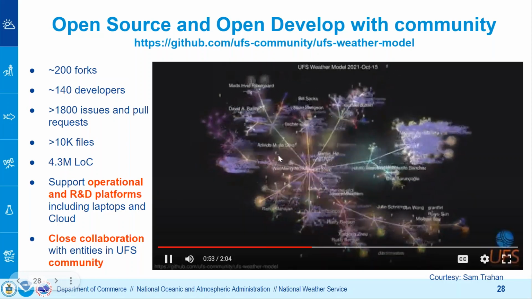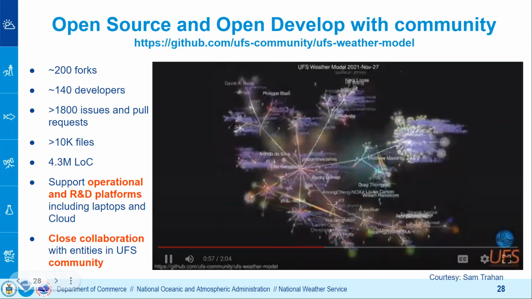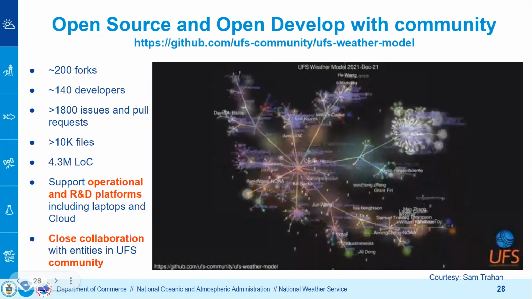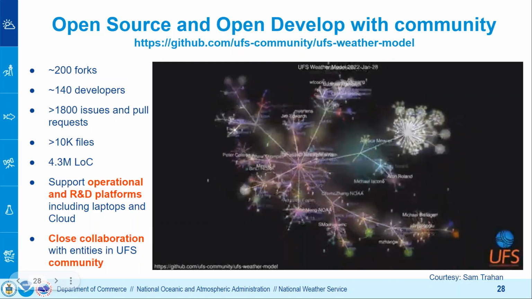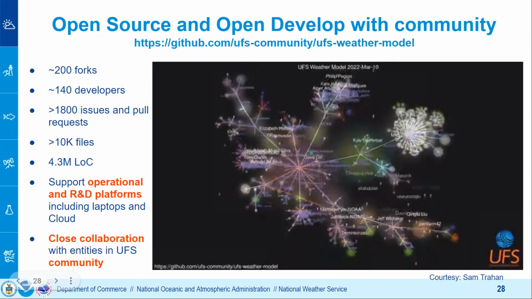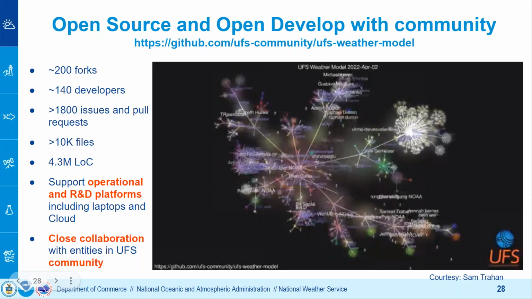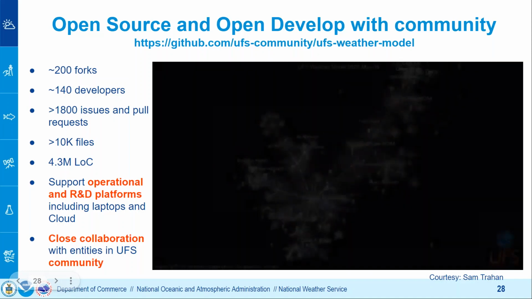So the involvement from the community can be shown in this figure. The idea here is that we want to support the operation and research community, and closely collaborate with the entities in the UFS community.